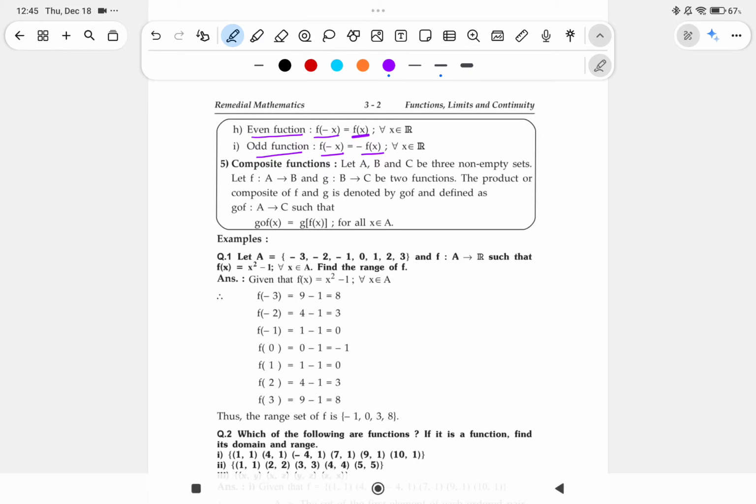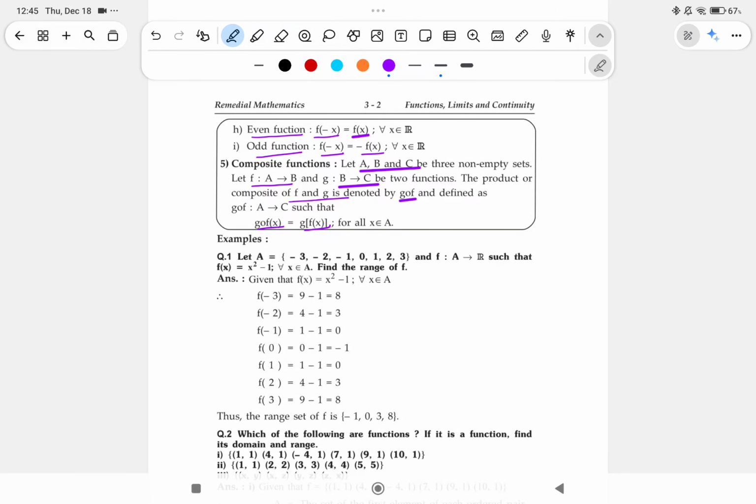And in the case of composite functions, you have three sets A, B and C. First function A to B, second function B to C. Then the product of f and g is denoted by gof, and that is gof is g of f(x).